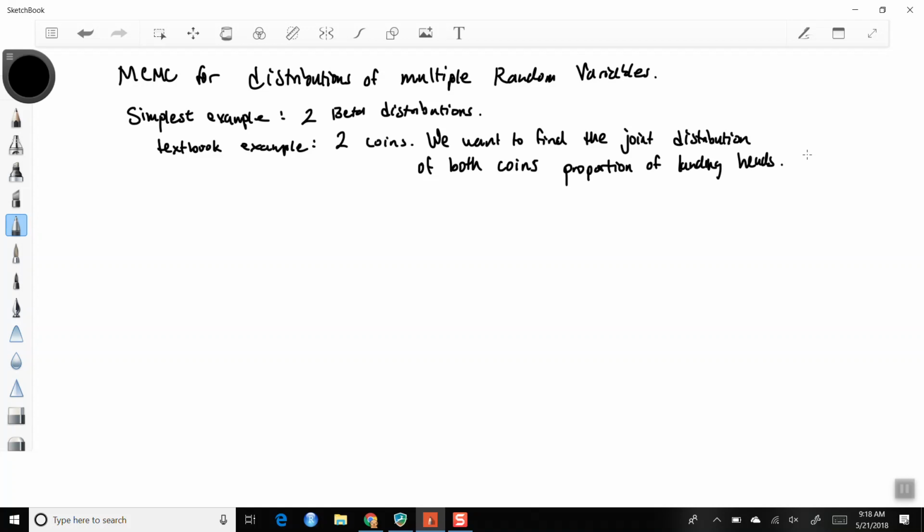We could also imagine some other scenario where now I have 2 buckets of M&Ms, and one has a certain proportion green, and another one has possibly a different proportion green, and we want to know what's the proportion green in this bucket and what's the proportion green in this bucket, and we're going to make a joint distribution, okay? These are just silly examples, all right?